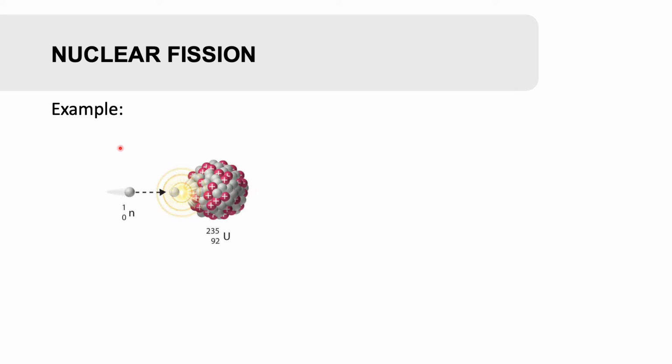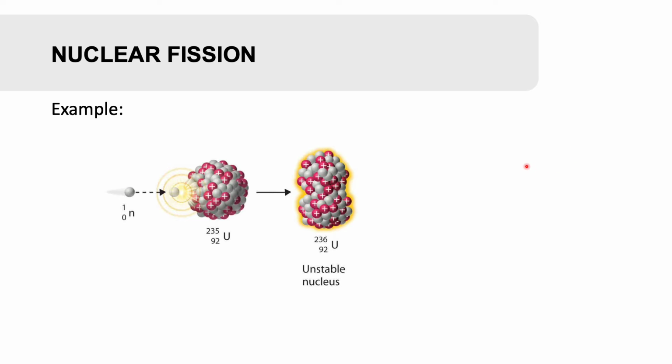This is an example of nuclear fission of uranium-235. What happened in nuclear fission is the uranium-235 is bombarded with a neutron. It will then become a highly unstable nucleus of uranium-236.